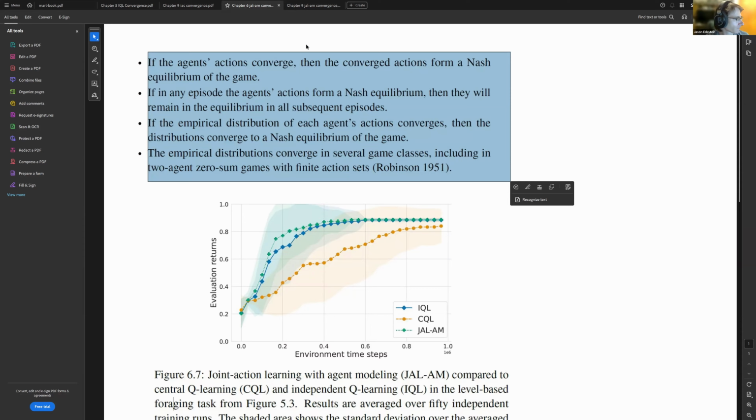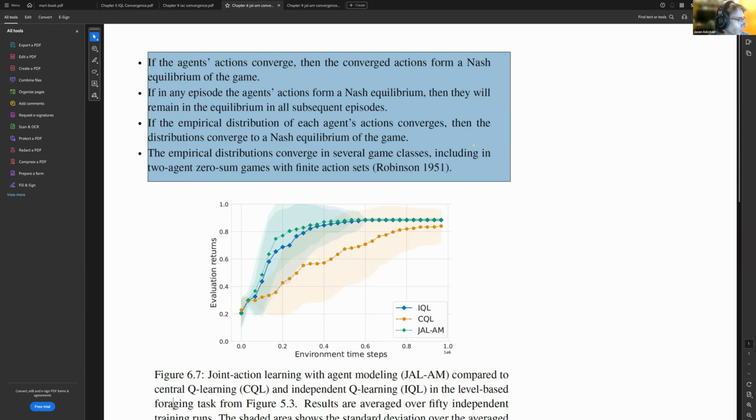So either the actions themselves on a given step will match the true equilibrium solution, or, if you observe the actions over time, and in the modeling case we're going to have a neural network model what we think their policy function is, if that empirical observation of their behavior converges, then that's also a Nash equilibrium.